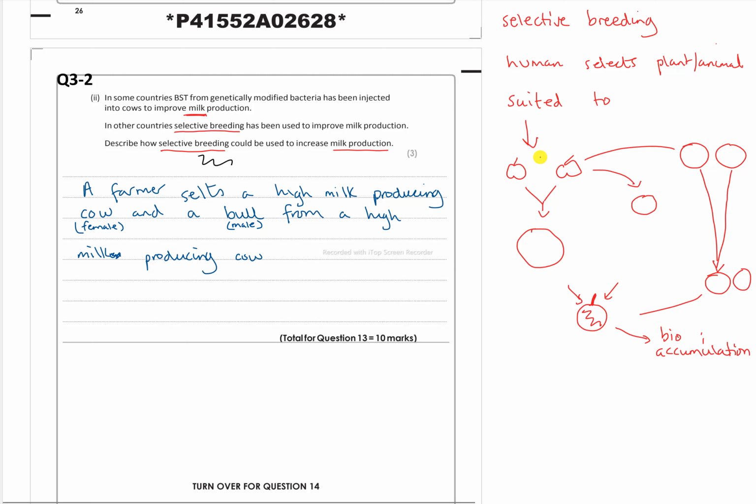So we know that they've both got the right genes.